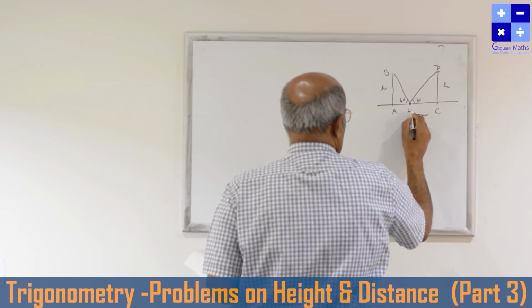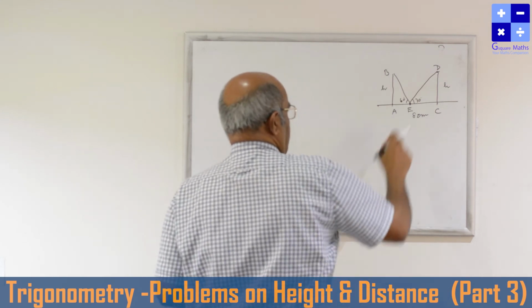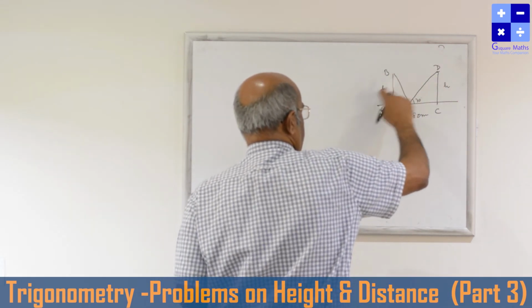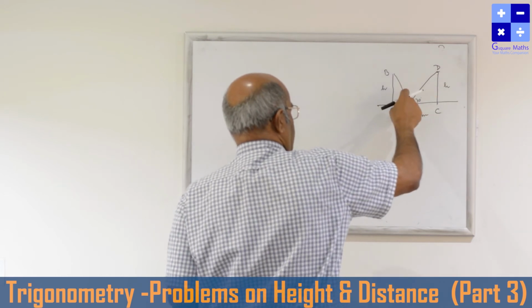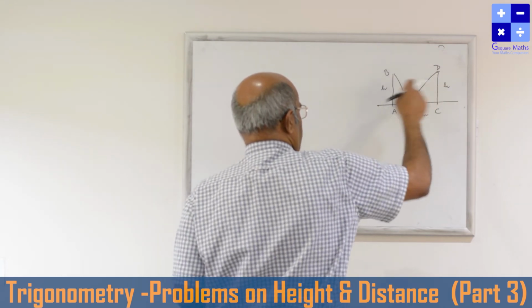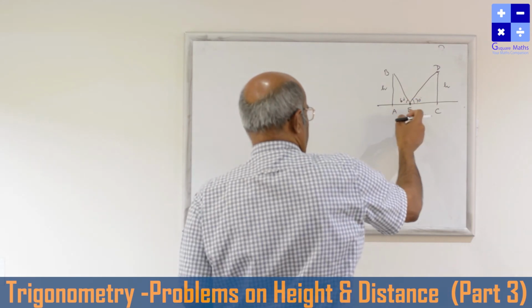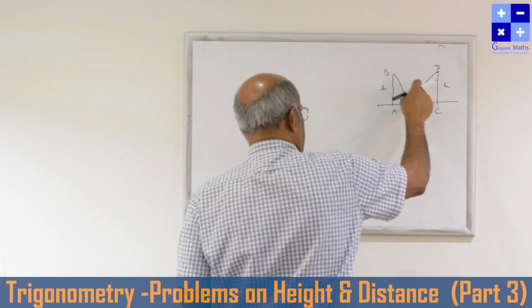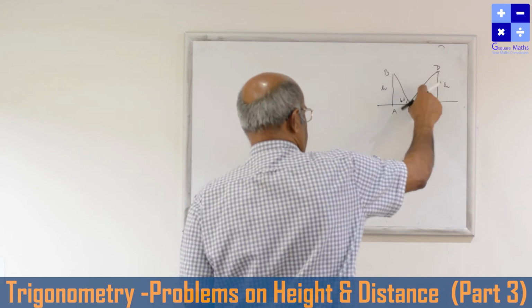Let E be the position of the man. He is observing the top of this pole as well as this pole. Here he is observing a 60 degree elevation and here it is a 30 degree. As the point E is closer to A, this angle of elevation is more than this. That's why I have taken this as 60, this as 30.